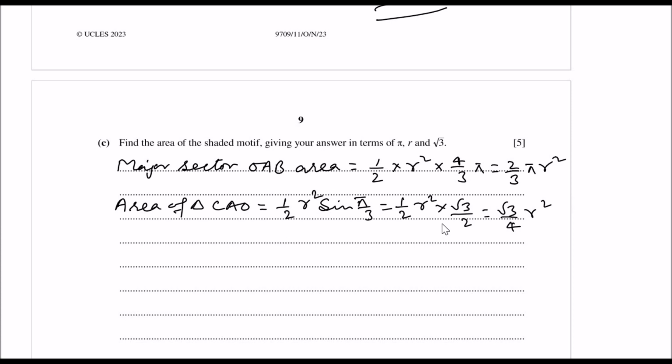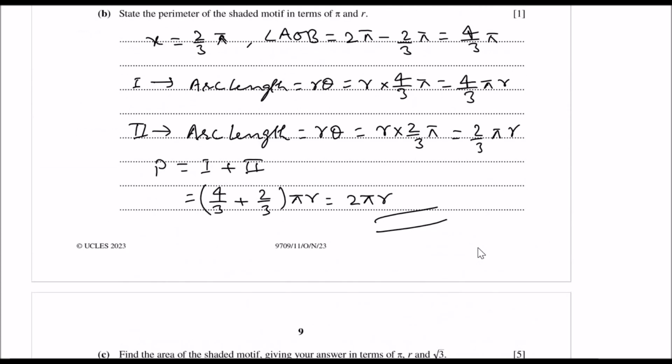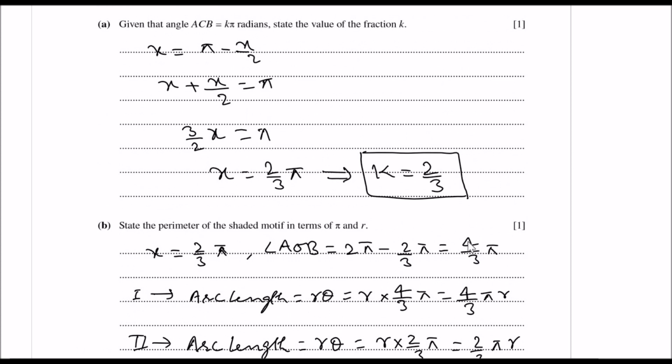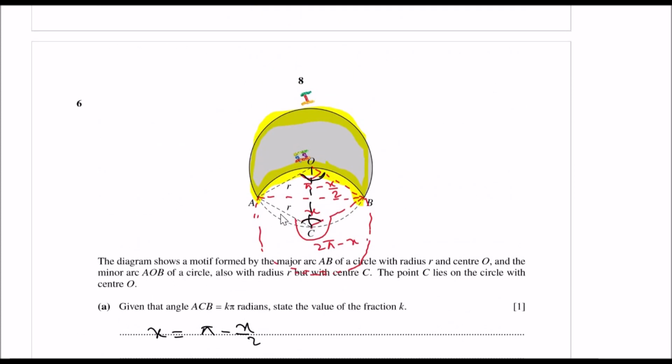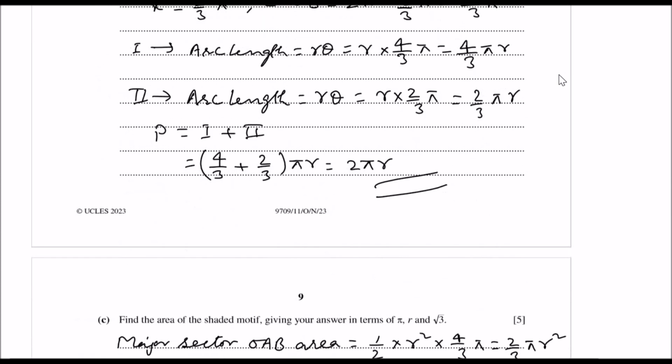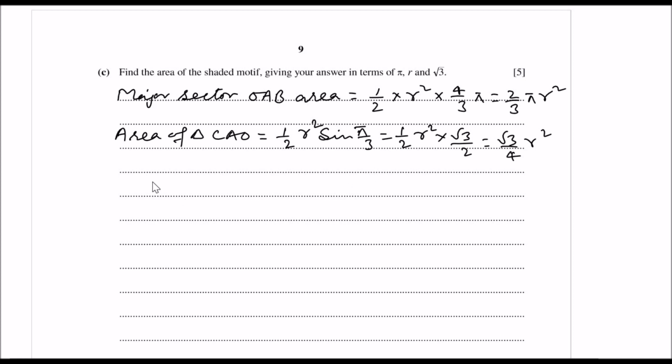Okay. Now area of sector CAO. We found the area of triangle. Now we'll find sector CAO, and then we'll find the segment area. So area of sector CAO is equal to half r square theta.